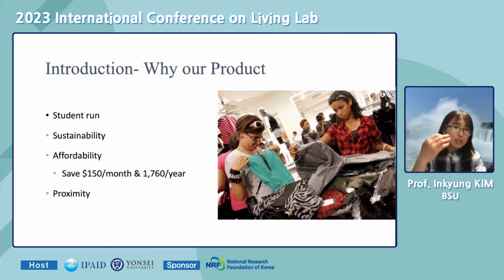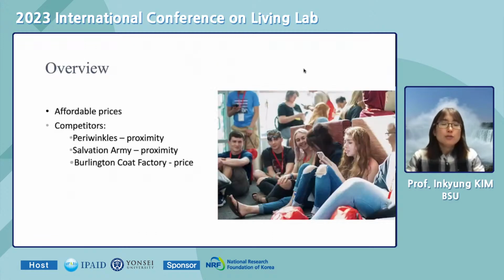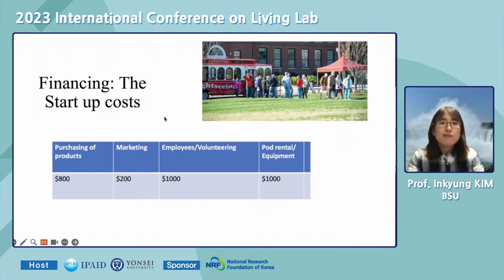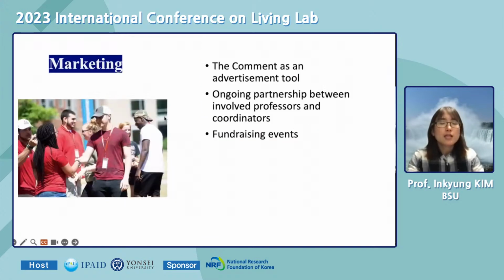So they had to explain key things such as why their business model is important, who are the competitors to their business, and what is the economic analysis, the breakdown of income, and how to finance the startup costs, and how to market their business.